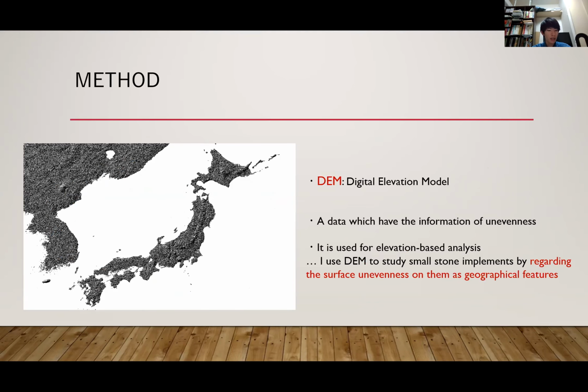DEM is data which has unevenness information. DEM is originally used to analyze geographical features. I use DEM to study small stone implements by regarding the surface unevenness on them as geographical features.